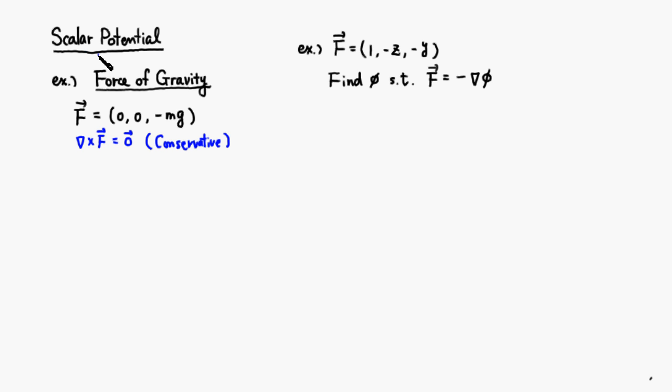So the scalar potential in this case is going to be phi, which is going to be simply mgz.